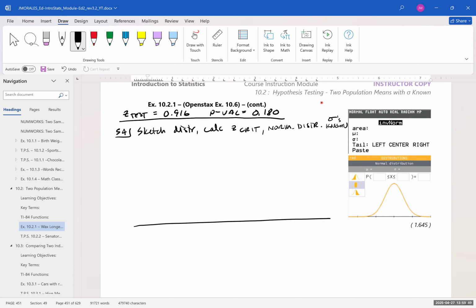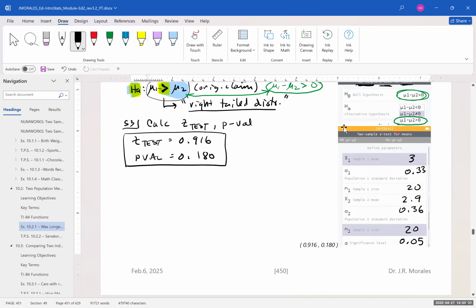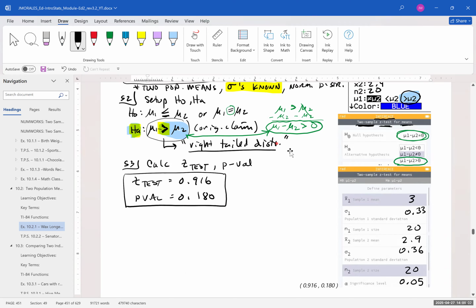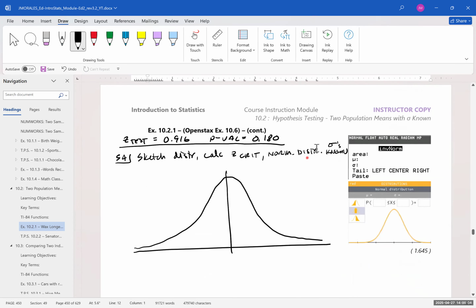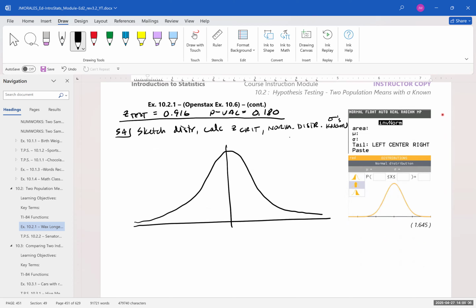So let's just draw a quick sketch here. Something like that. And we know from the alternate hypothesis, this is a right-tailed distribution. So I'm going to draw a right-tailed distribution.